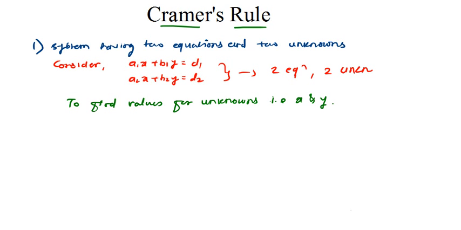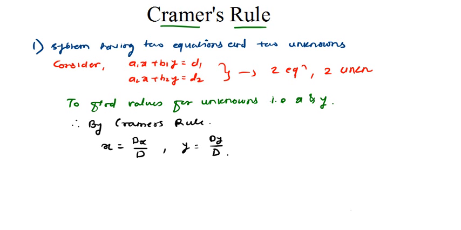So in this case, by Cramer's rule, x will be Dx by D and y will be Dy by D, where D is the determinant. This determinant will contain the coefficients of x and y, so this will be a1, a2, b1, b2.